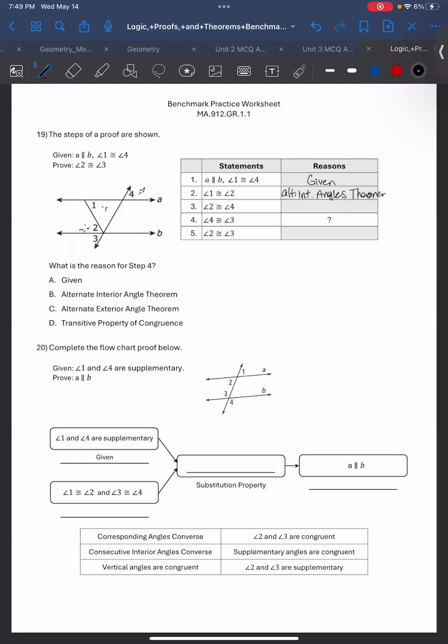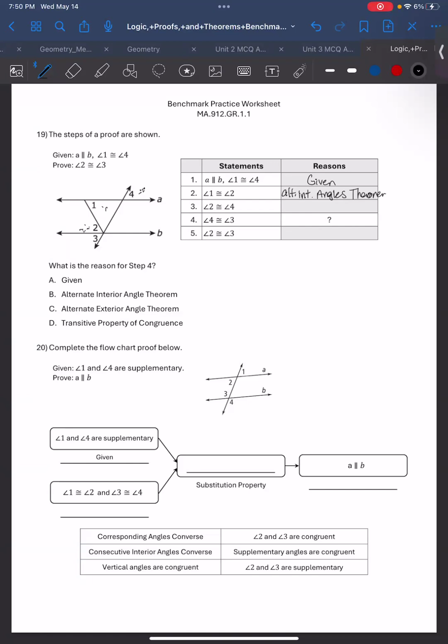Okay, wait, hold on. 1 and 2 are alternate interiors. And then transitive is like A equals B, B equals C, so A equals C. Yeah, they messed up here because you see how in step 3 to step 4 suddenly they bring up angle 3. A little weird.